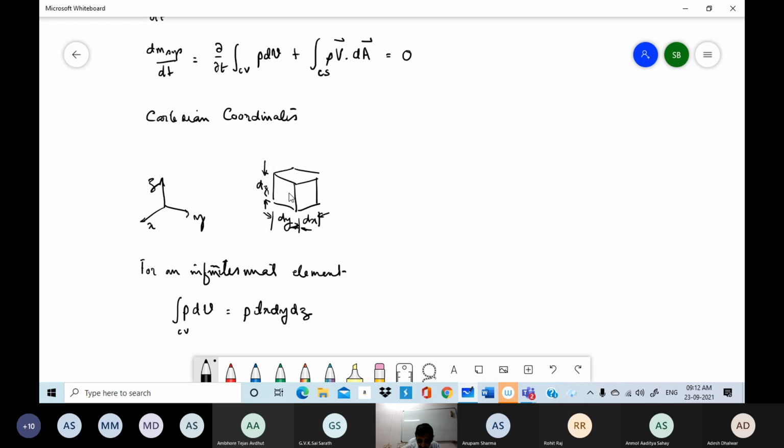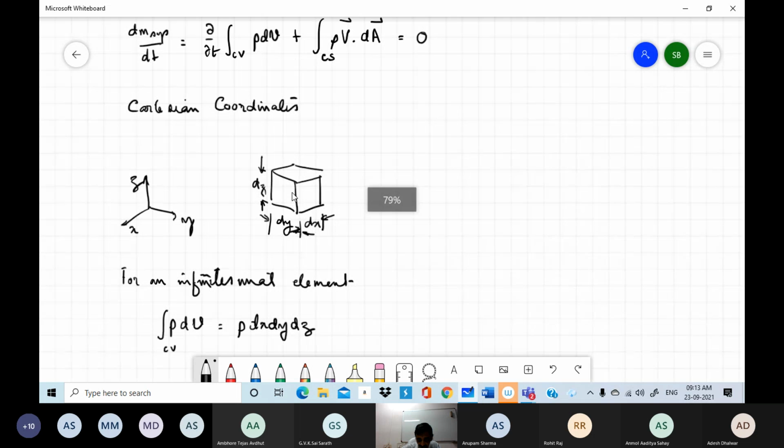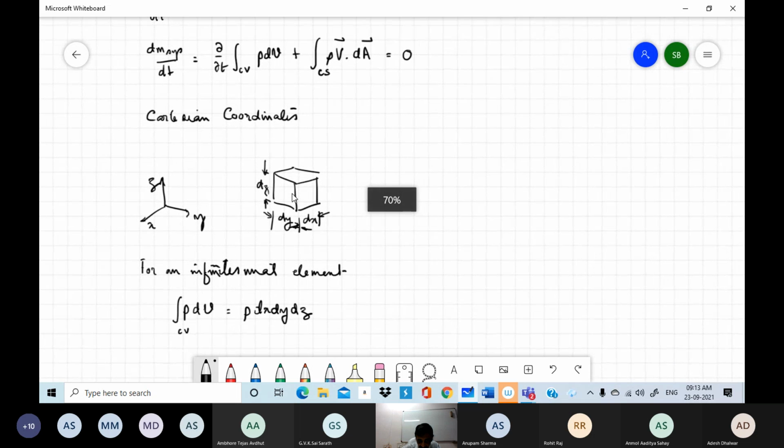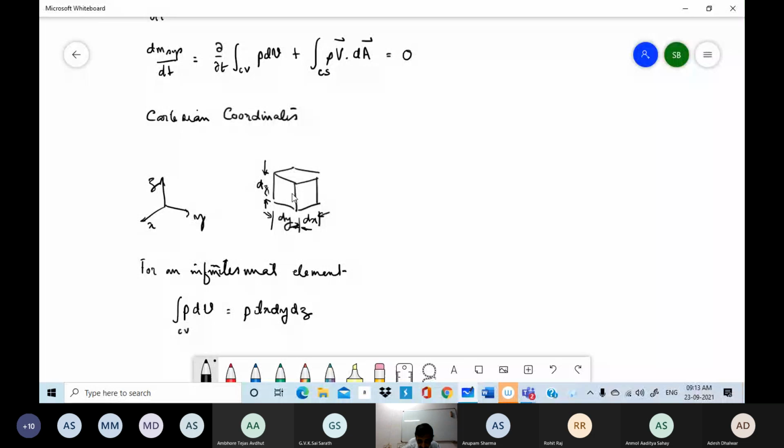So let's say my x, y, z is at the center point of this rectangle.